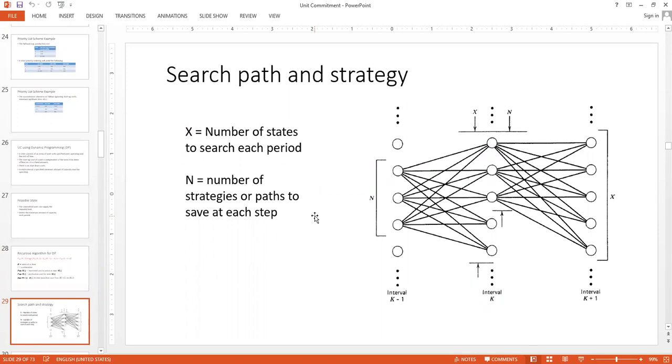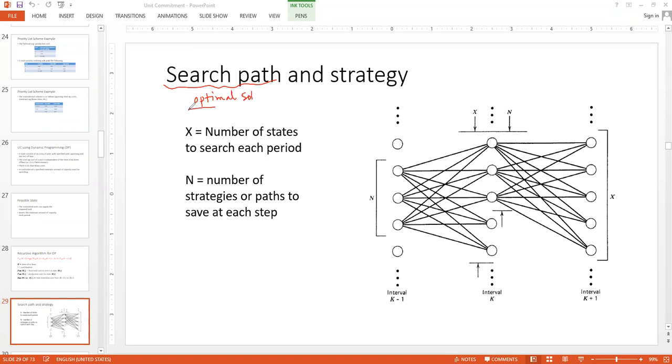and the symbol N. So in the dynamic programming, we will have a search path. That means the search path for the optimal solution. So this search path means we are looking for an optimal solution.